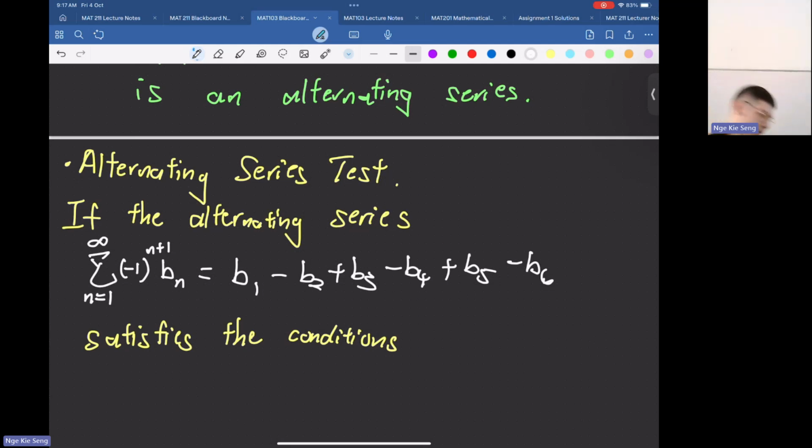So there are two conditions here. First of all, imagine you have a series. When you add these terms together, what do the terms have to satisfy for the series to converge? How do you start imagining? You always need to start with one example first. You cannot just imagine blindly and abstractly.